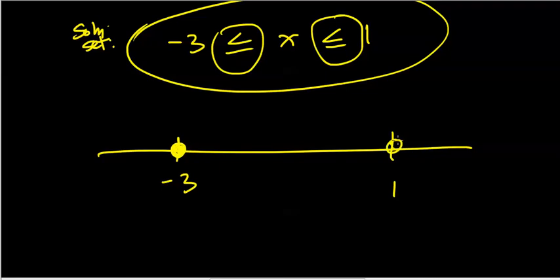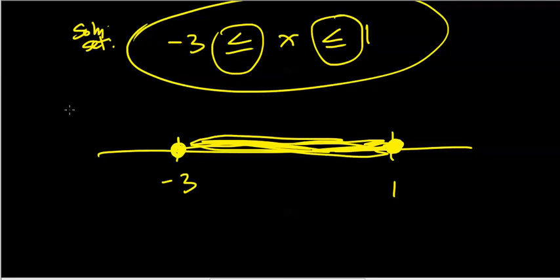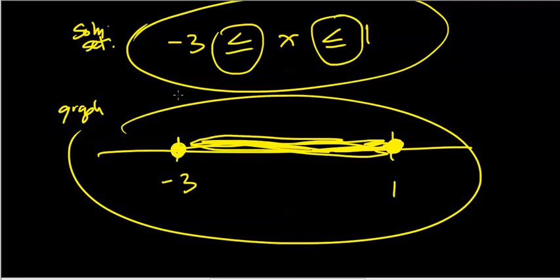Again, set is closed on both sides. Close circles then at both boundary points and shade in everything in between. So there's my solution set, and here's the graph of my solution set in number line fashion.